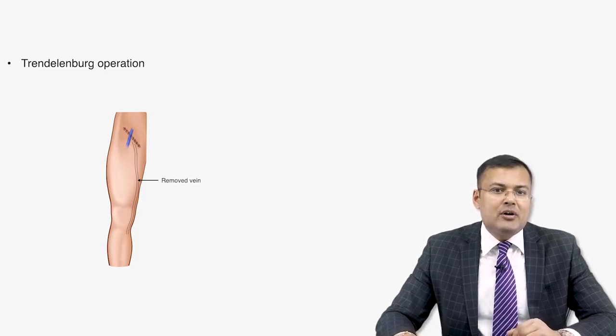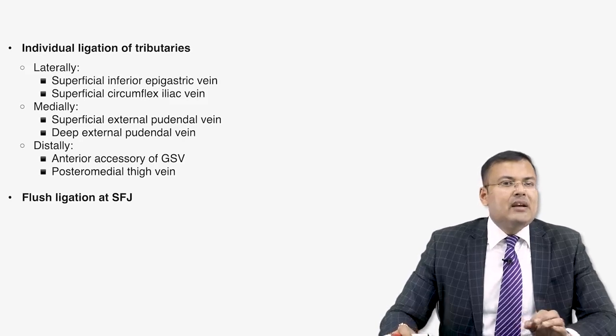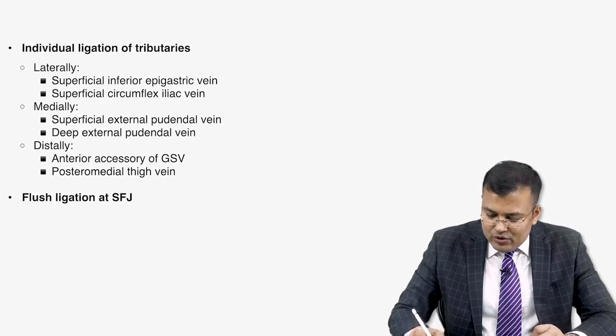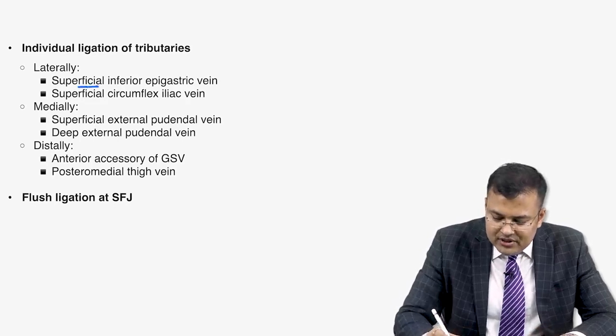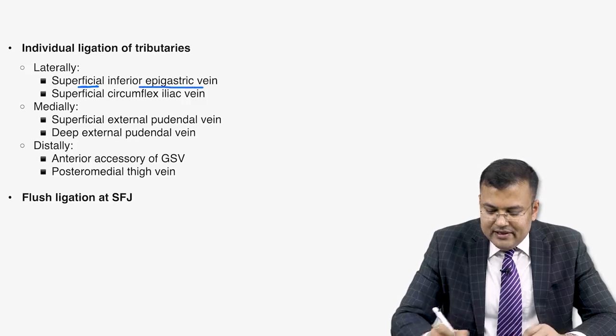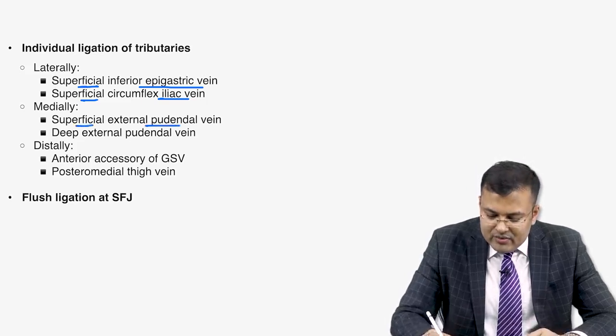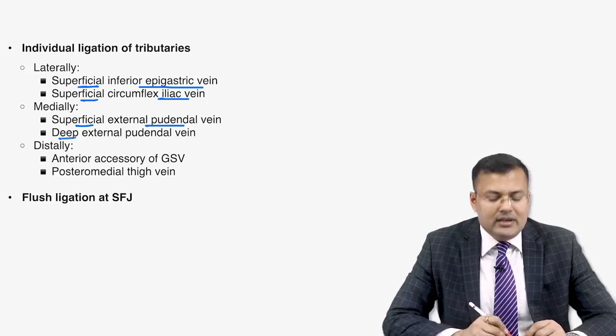This is the Trendelenburg operation. Sometimes in exams they ask which tributaries are ligated. Laterally, we ligate the superficial inferior epigastric vein and superficial circumflex iliac vein. Medially, superficial external pudendal and deep external pudendal.